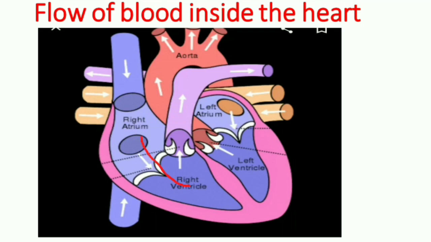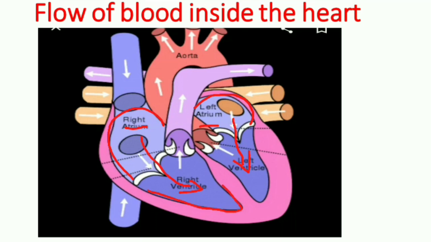What makes the blood flow from the right atrium to the right ventricle? Once the right atrium and the left atrium are completely filled with blood, the walls of the atria start to contract. Due to the contraction of the walls, the blood is pushed to the ventricles. Now the ventricles are filled with blood.